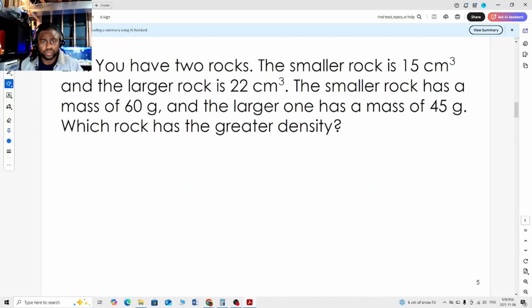Okay, so here we go. Okay, so I'm going to go rock 1. So I'm just going to go, this is going to be A. And the first rock, or the smaller rock, is 15 centimeters cubed. So density, mass, and volume.